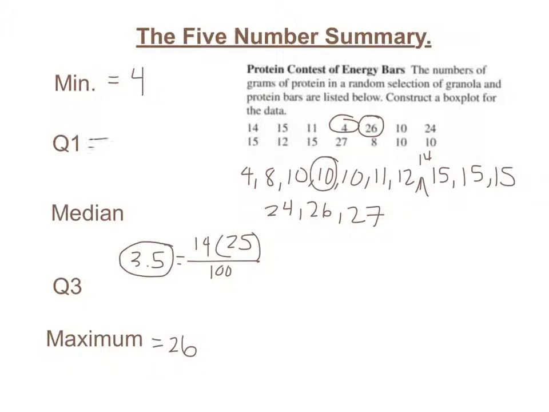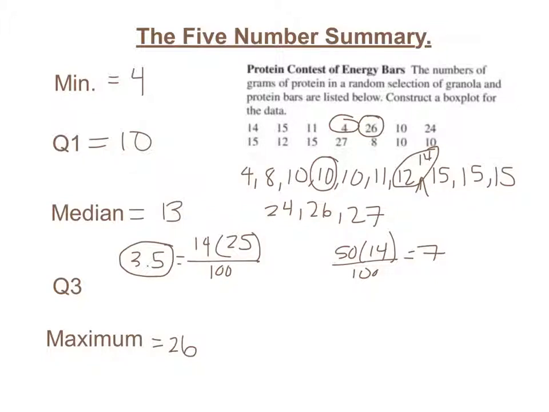There's Q1, the 4th position. The median would be 50 times 14 divided by 100. That's the 7th position. Since 7 is a whole number, we take the halfway mark between the 7th and 8th. 1, 2, 3, 4, 5, 6, 7, 8. Halfway between these two, and that should give me 13, the average between 12 and 14.